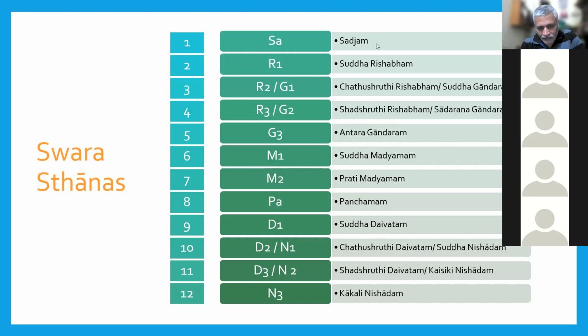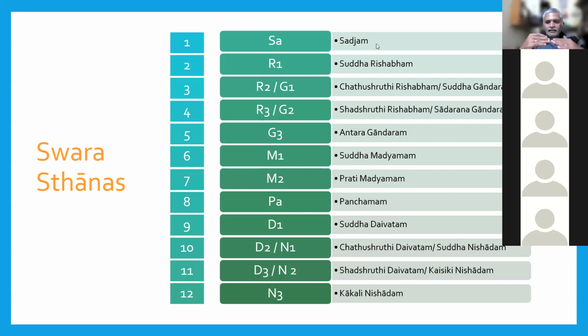Next, you see the Da 1, Da 2, and Da 3. It is the same as Re 1, Re 2, Re 3: Shuddha Daivatam, Chatushruti Daivatam, Shatshruti Daivatam. Here you saw Shuddha Rishabham, Chatushruti Rishabham, Shatshruti Rishabham, and in the Uttaranga, you are seeing Shuddha Daivatam, Chatushruti Daivatam, and Shatshruti Daivatam.